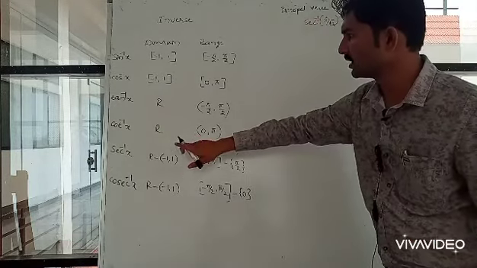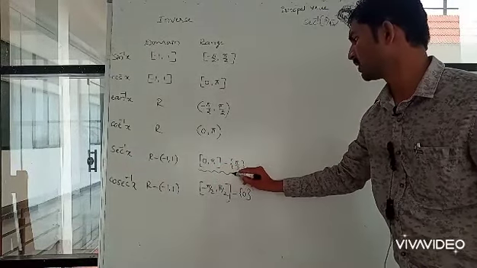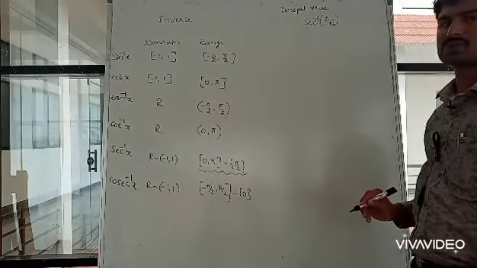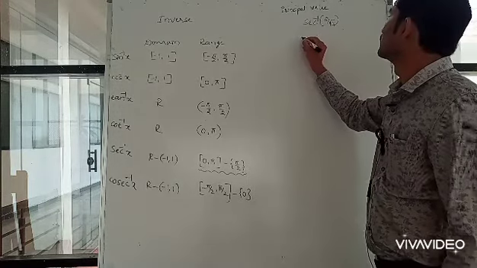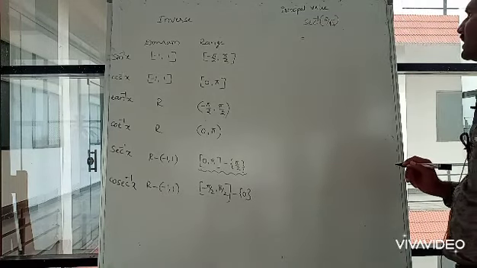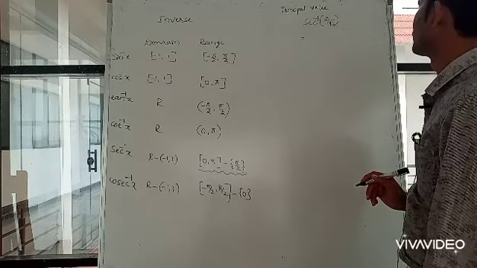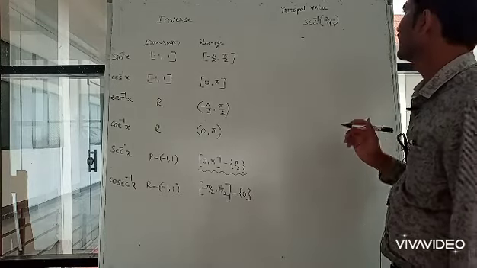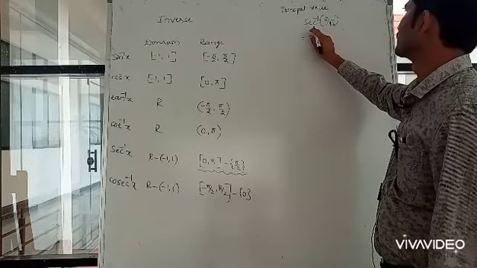If you consider sec inverse of x, this is called the principal value branch. Sec inverse of 2/√3: 2/√3 means the reciprocal of √3/2. We know the table values. √3/2 means cos inverse.